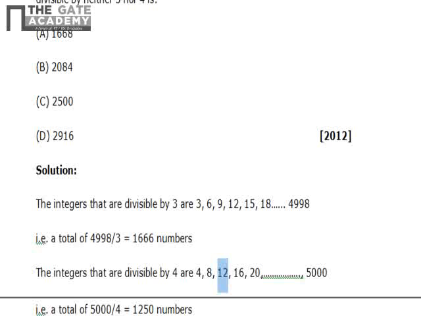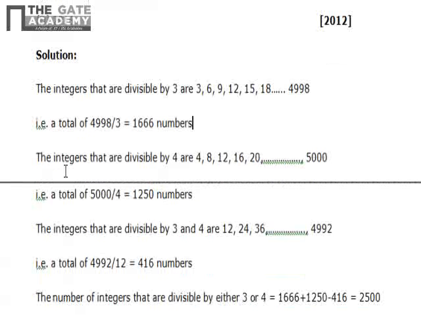Similarly 24 and 24 is common. So we have to find the number of integers which are divisible by the LCM of 3 and 4. So LCM of 3 and 4 is 12. So the integers that are divisible by both 3 and 4 are 12, 24, 36 up to 4992. So the total number is 4992 upon 12, that is 416.